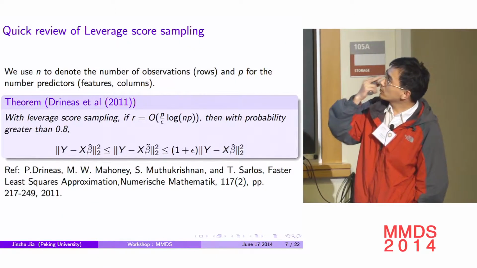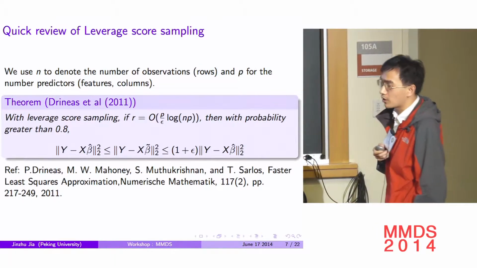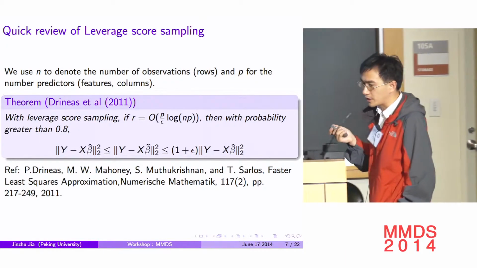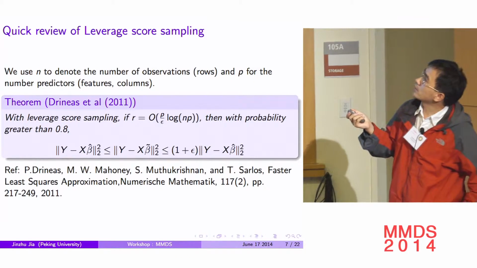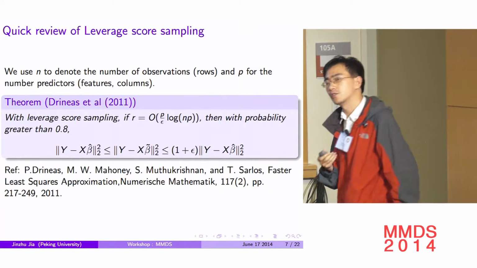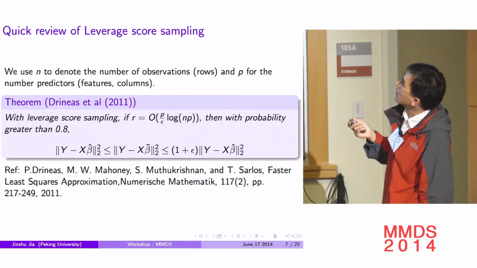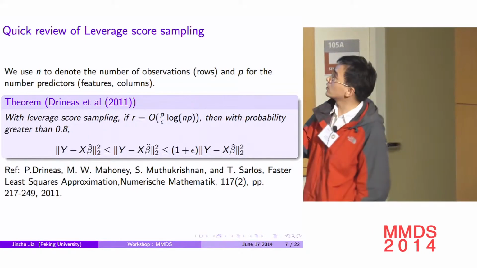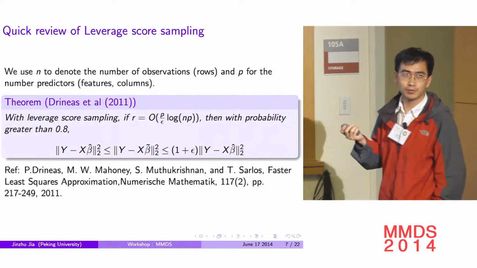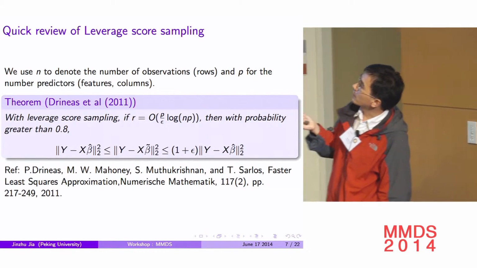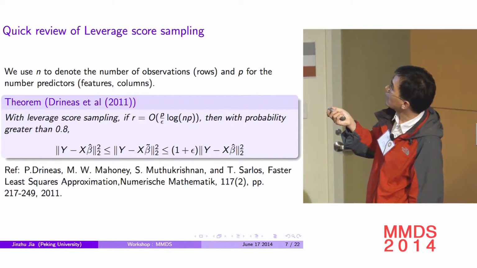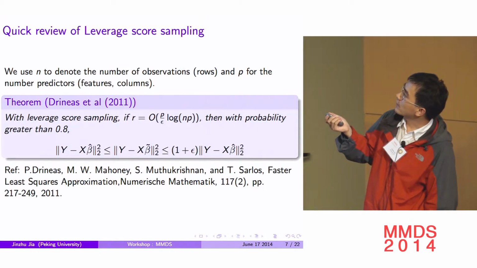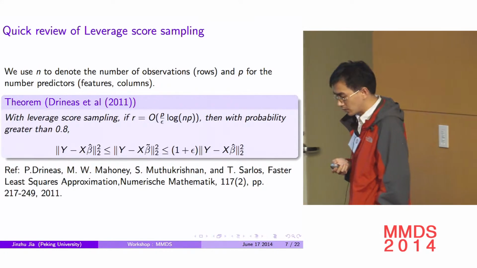The theoretical results show that if the number of data points we sample is equal to p divided by epsilon times a log term, where p is the number of columns of X, and I use n to denote the number of observations or rows, so R has no relationship to the number of observations in the original problem, then the fitted value or the L2 error using the parameter estimated from the sub-problem is very close to the original error.